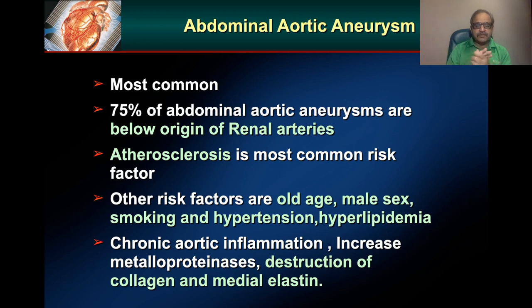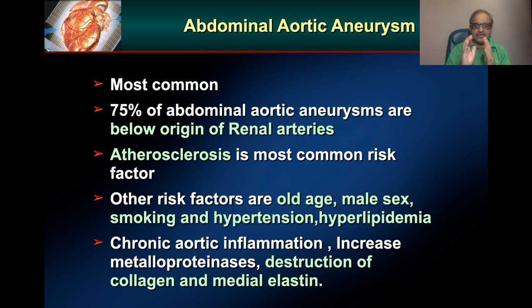Abdominal aortic aneurysm is most common aneurysm, and 75% of the aneurysms of abdominal aorta are below the origin of the renal arteries, and the commonest cause of this condition is atherosclerotic disease of the aorta.